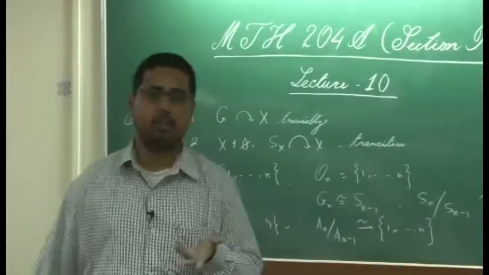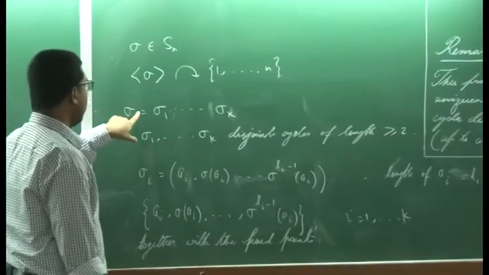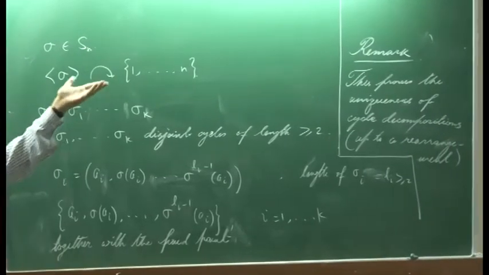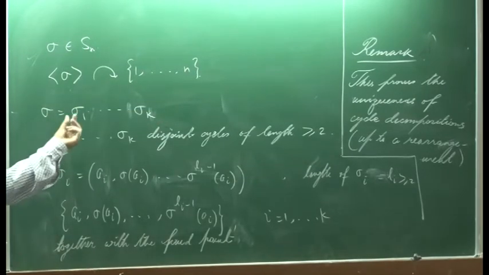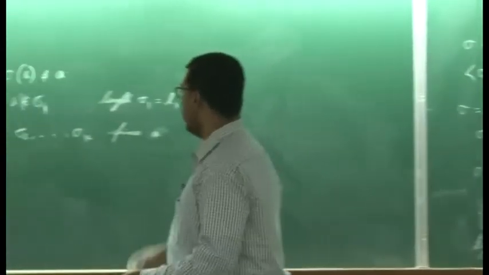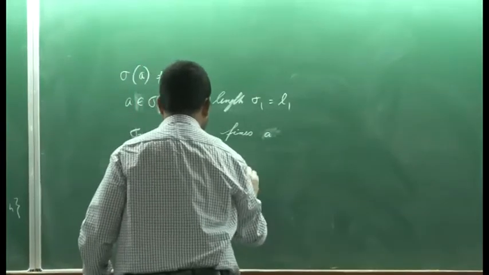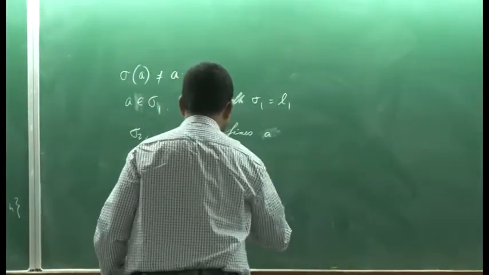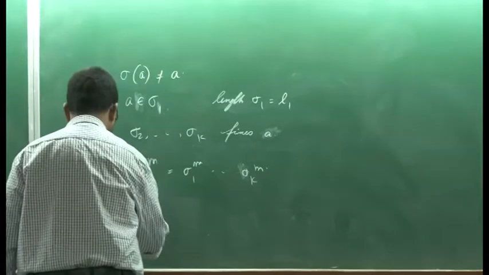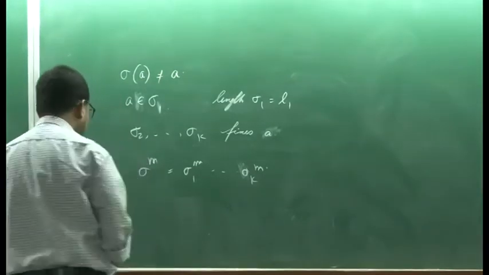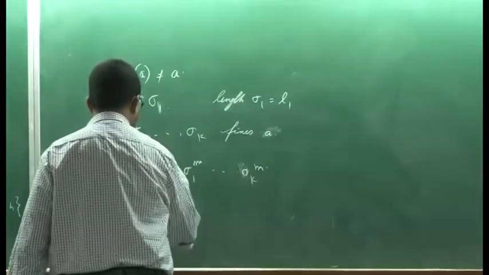So, try to again understand that any element in this group will be of this form, sigma to the power, let us say some m, since they are disjoint, will be sigma 1 to the power m up to sigma k to the power m, and if m is not divisible by L1, then I think I said something wrong, let us see.